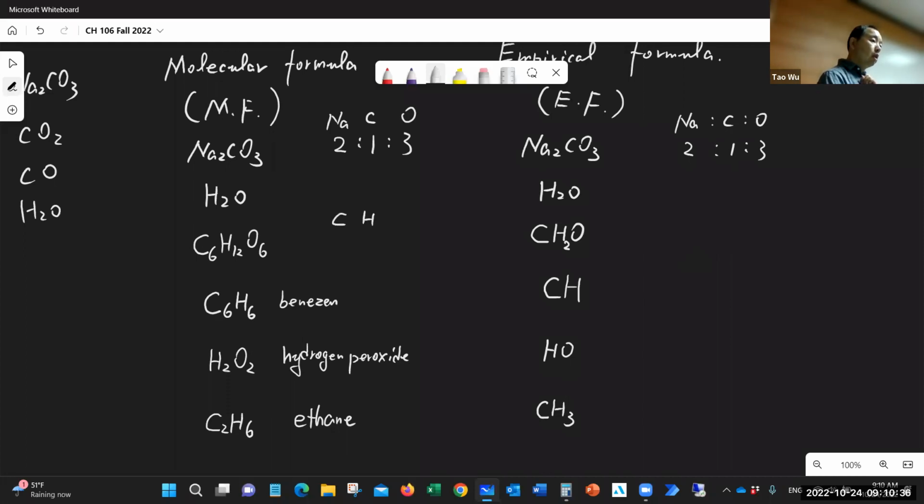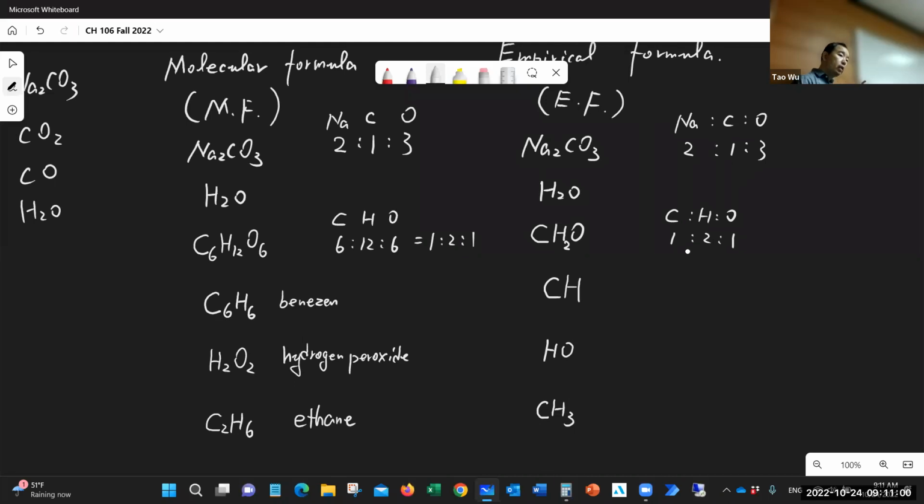And if you look at the molecular formula of the sugar, there's carbon, hydrogen, and oxygen, that's 6 versus 12 versus 6. Well, if you look at the ratio, actually it's just 1 versus 2 versus 1, right? And here, the ratio in the empirical formula is still the same, 1 versus 2 versus 1, right?